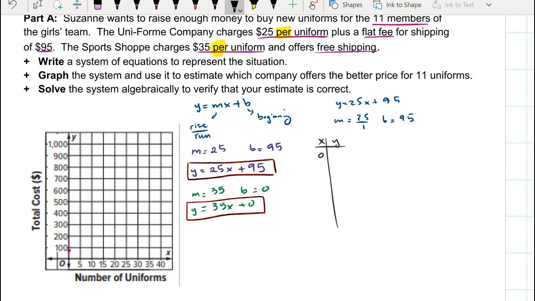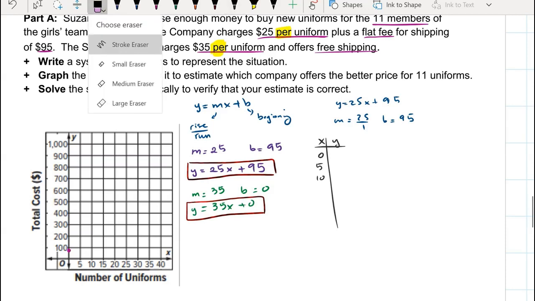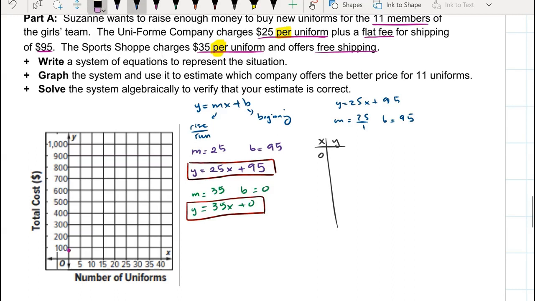I will go with 5, 10, and 15 maybe, or you know what, I will go with 10, 20, and 30 because it's easier. Something multiplied by 10 is easier than multiplied by 5. So I'm going with 0, 10, 20, and 30.